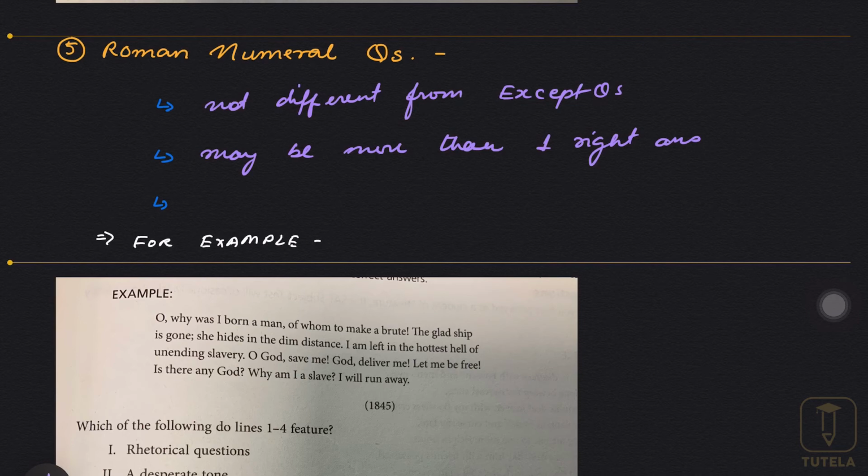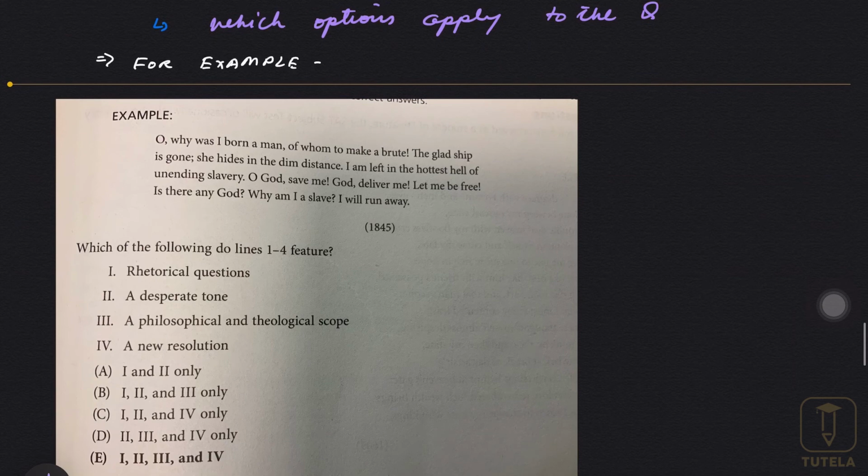You will be given a series of items here, and these items are listed with Roman numerals. And you will be asked which options apply to the question in hand. Let's take a look at the example. The question says, which of the following do lines 1 to 4 feature?